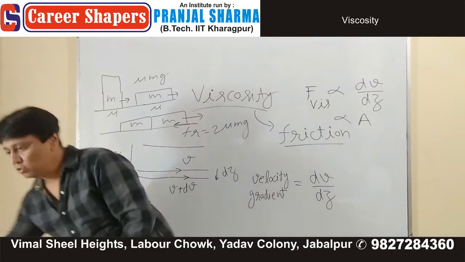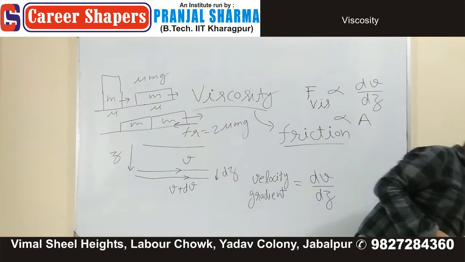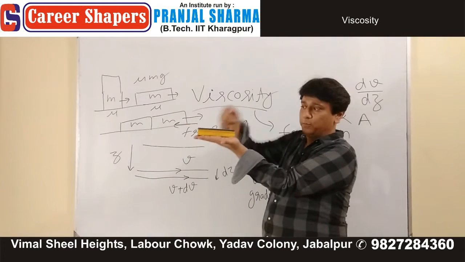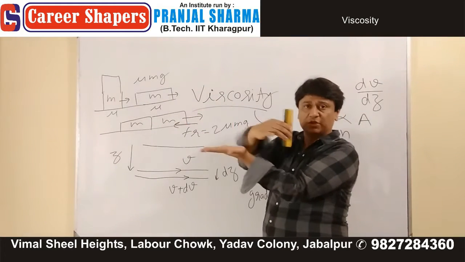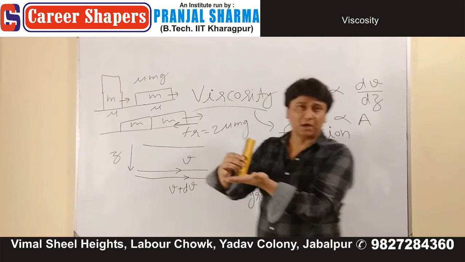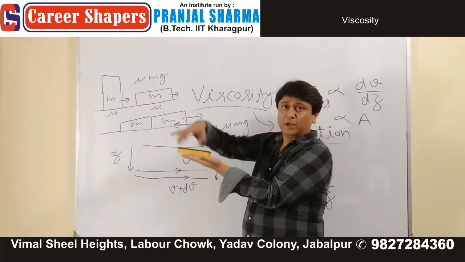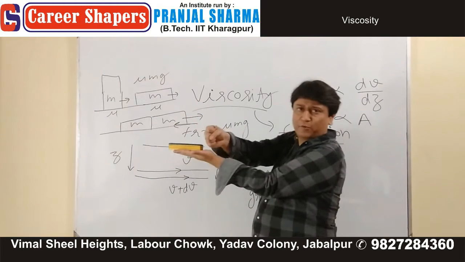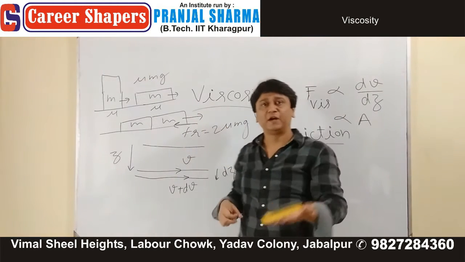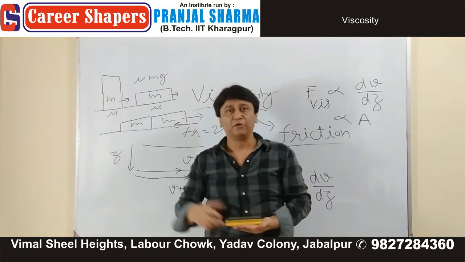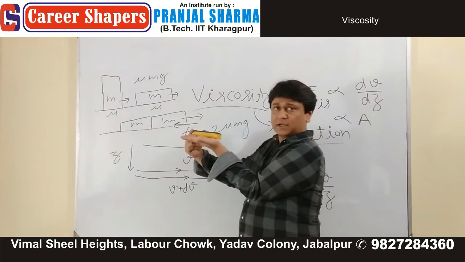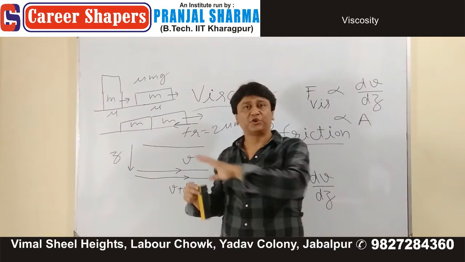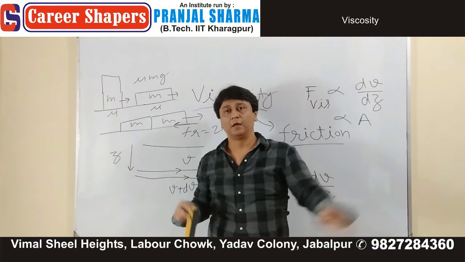If you are trying to pull this block, if you are trying to pull this duster, you pull it this way or you pull it this way, you're not changing the mass. But now imagine pulling two dusters side by side. If I place them side by side and if you pull the whole thing, then friction will definitely increase. So you have one duster, we say that friction has nothing to do with area.